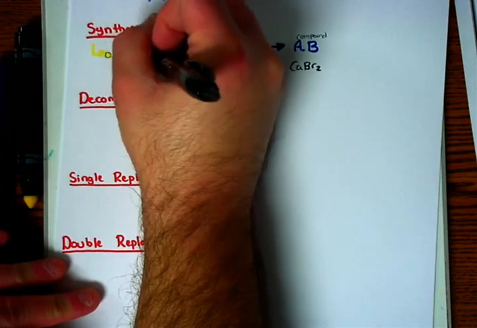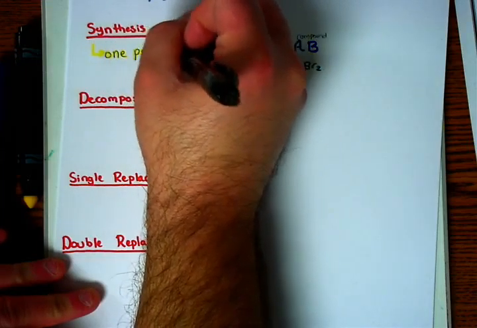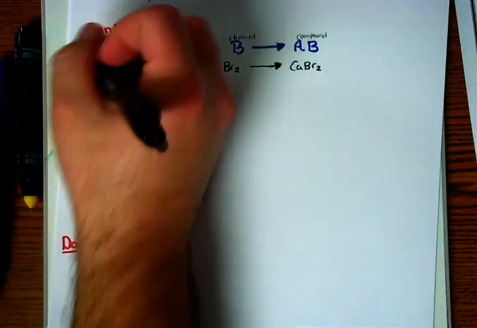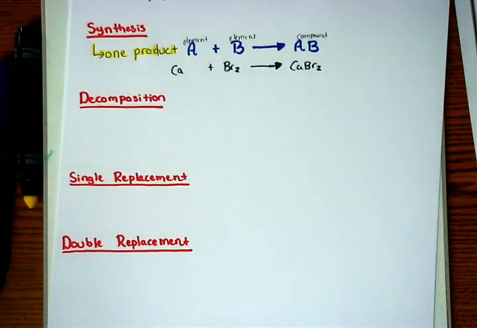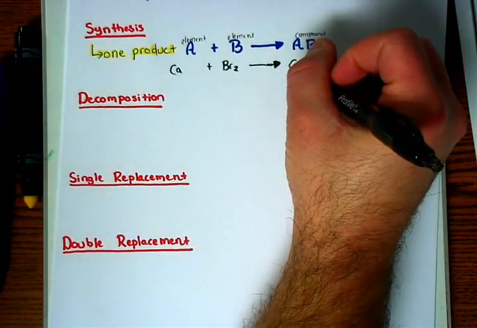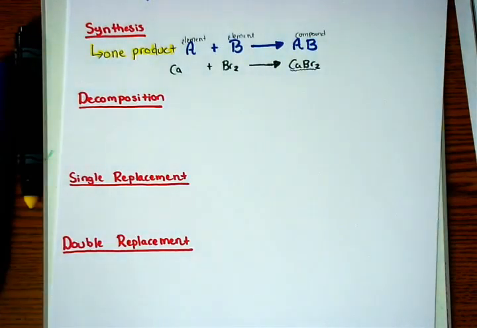Yeah, or 2 very small compounds. So 1 product. Did we catch that? What's the 1 product in this case? Can you do a squiggly line under the 1 product for me? Squiggly line. It's a line that squiggles. CaBr2, right? Cool?